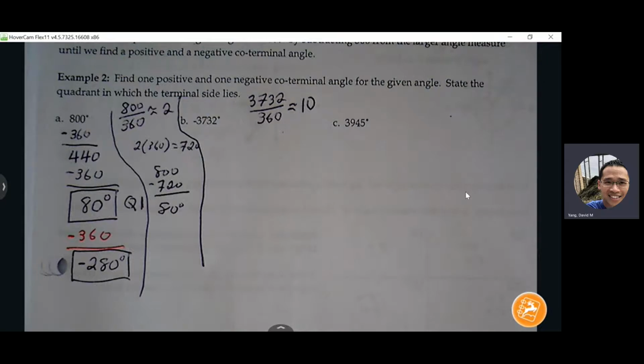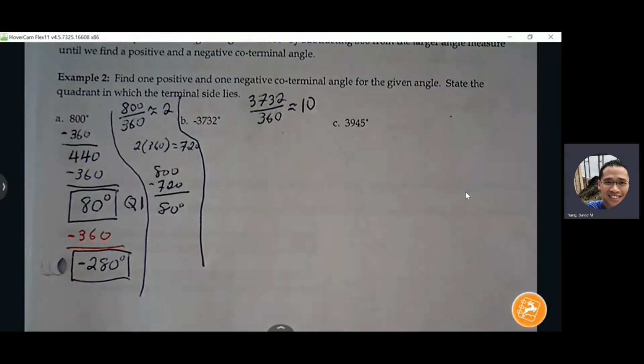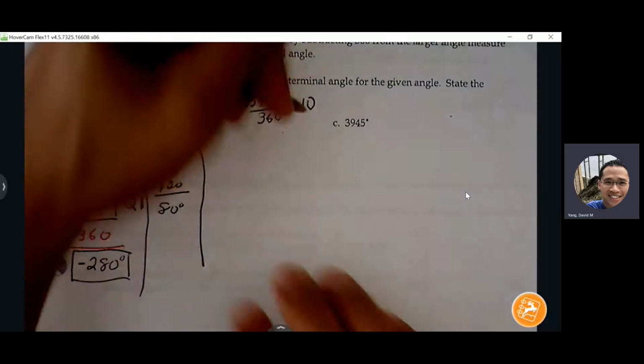Yes. Does it matter that 3732 is negative? Yes, if it's negative, that means we're going to be adding a number to get to the positive, right? We don't want to be subtracting, otherwise we're going to go the wrong direction. So we're going to take these two numbers and just multiply them out because we know that it's going to speed up the process here.